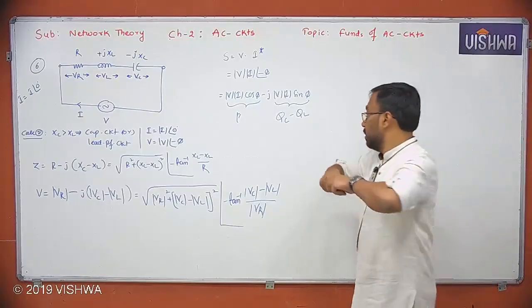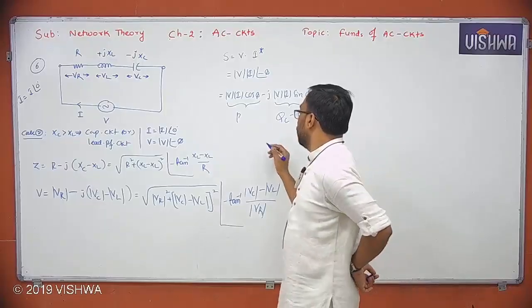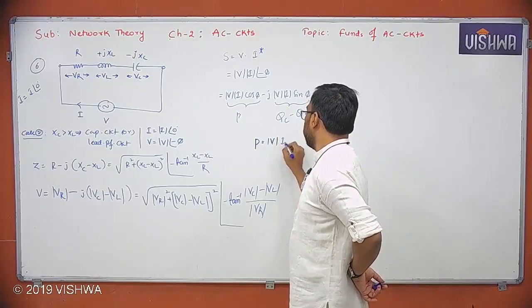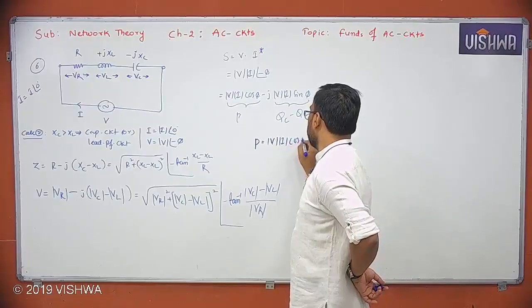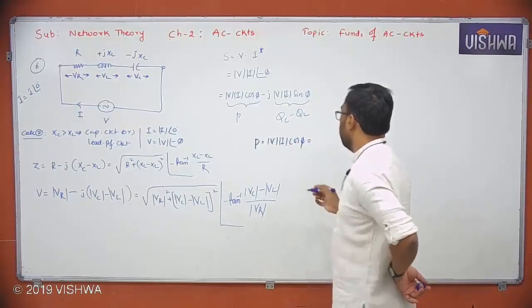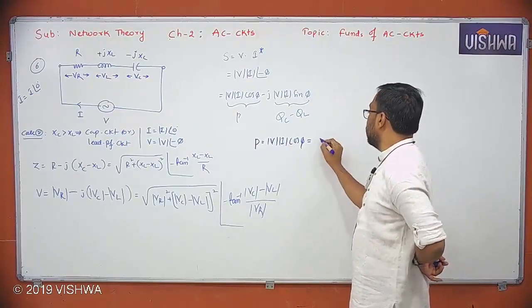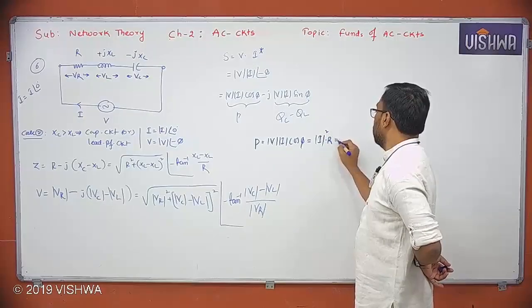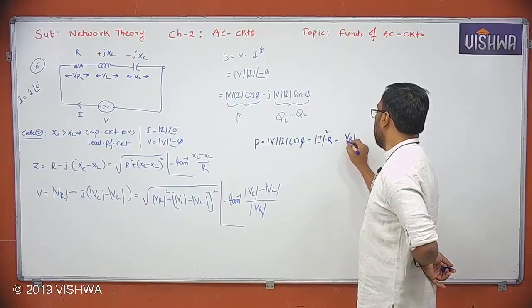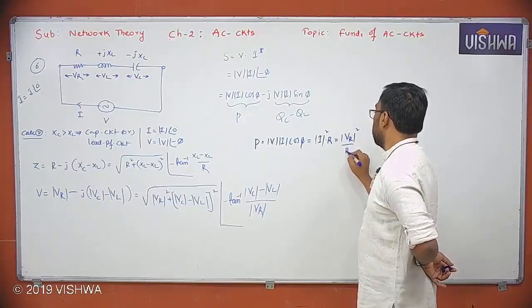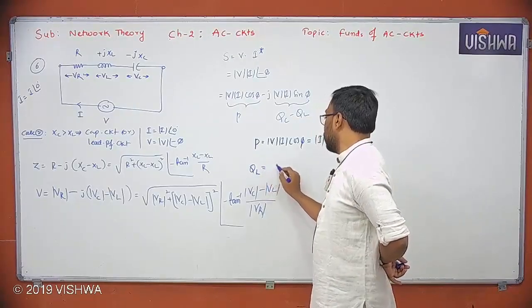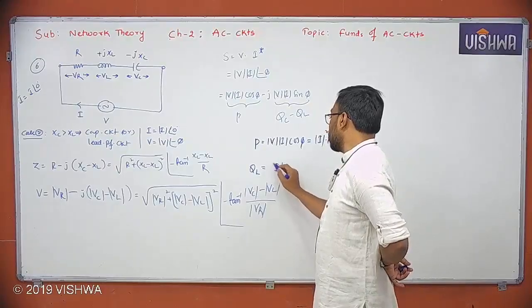Then what is P? You know very well. VI cos phi. So what do you get here? IR square R, nothing but VR square by R. QL, IL square XL.